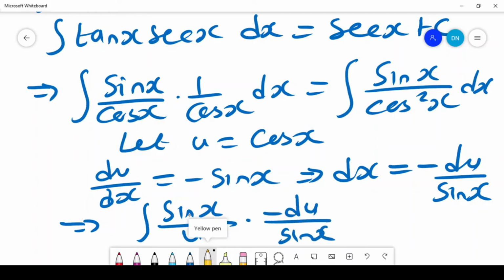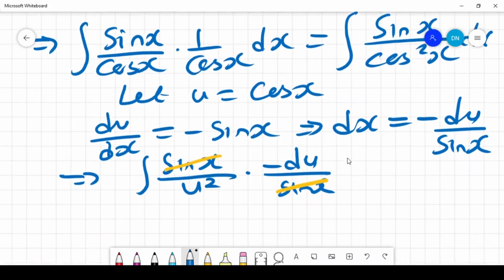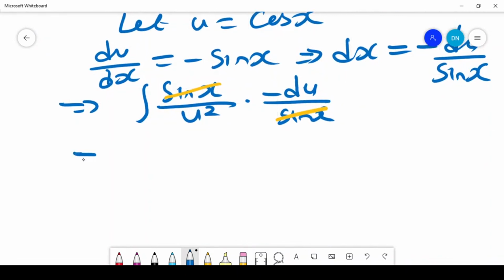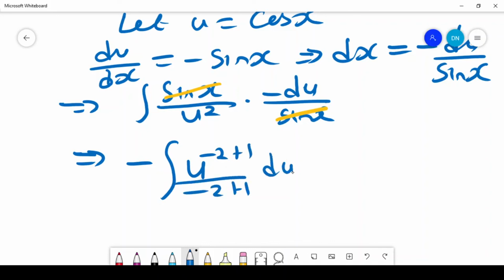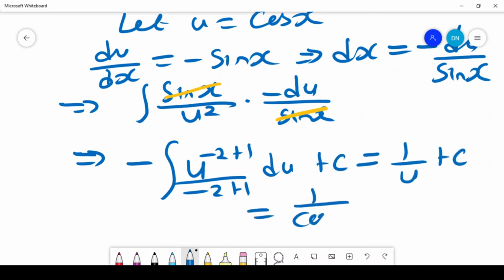What I'm sure about is that these two will cancel out, and that makes it easier for me. With that, what I have is negative u raised to the power minus 2 plus 1, divided by minus 2 plus 1, plus c. And that gives me 1 over u plus c. And we know what 1 over u is? 1 over u is 1 over cos x plus c, which will give me sec x plus c.